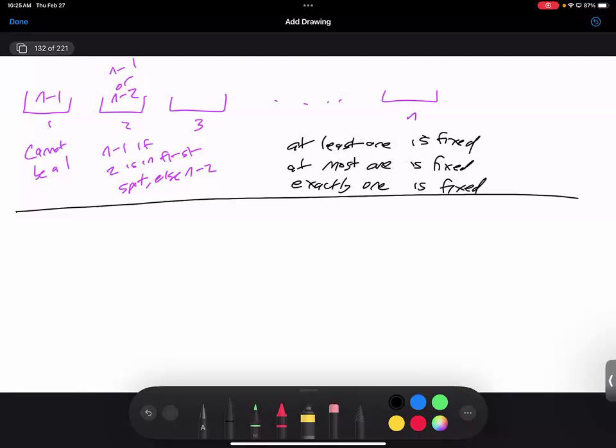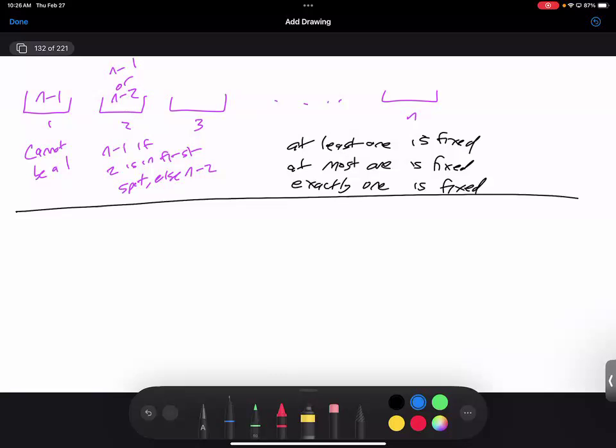So the question is, which event do you think is going to be easy to calculate? So if we want to calculate at least 1 is fixed, I could have 1 fixed or 2 fixed or 3 fixed. That's going to be painful. If I wanted at most 1 is fixed, so yeah, then we end up with the previous problem where none of them are right.